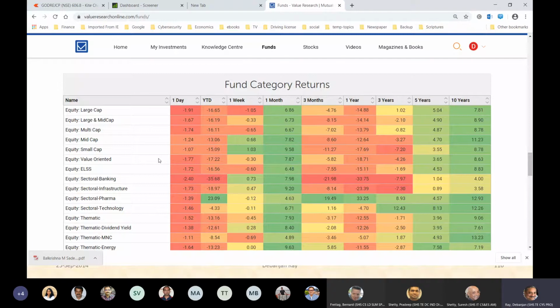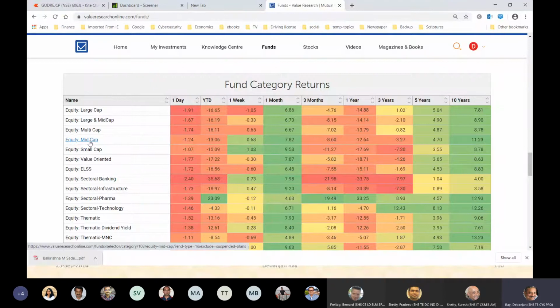We have explained all this. Generally, you see how the mid cap stocks have grown in 1 month. The last 1 year or 3 years the performance is bad, but over a period of 10 years, it is good.